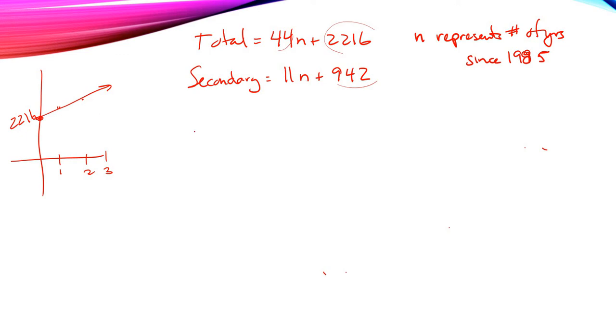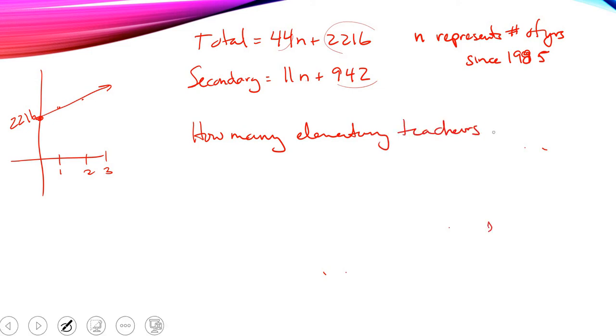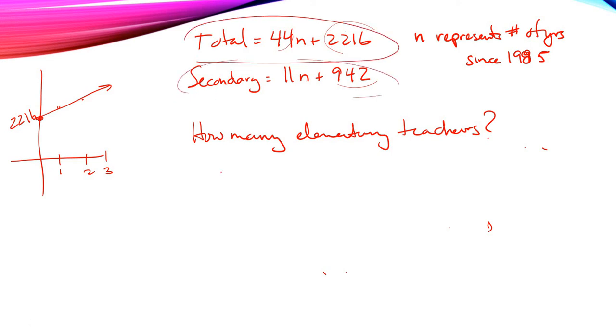Now my question is, how many elementary teachers would there be? So if the total number of teachers is modeled by this and the secondary teachers are modeled by this, the elementary teachers would be the difference of the total minus the secondary.